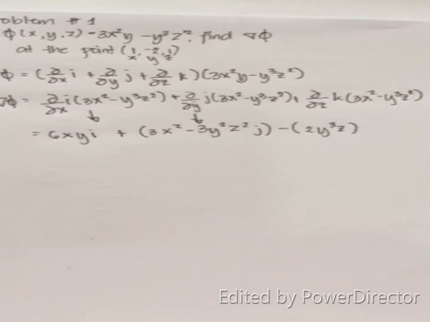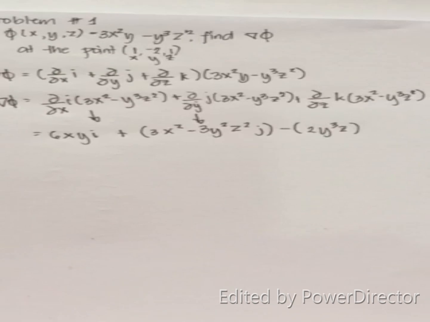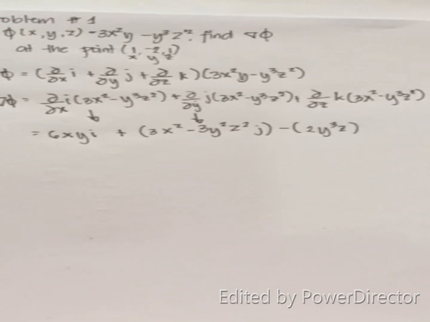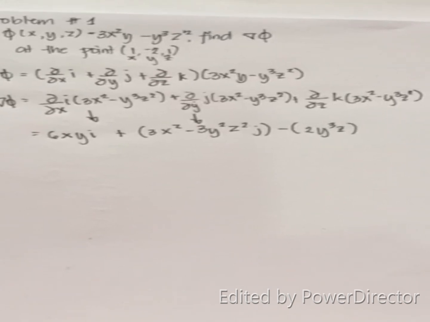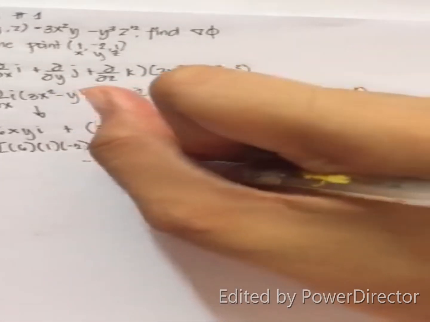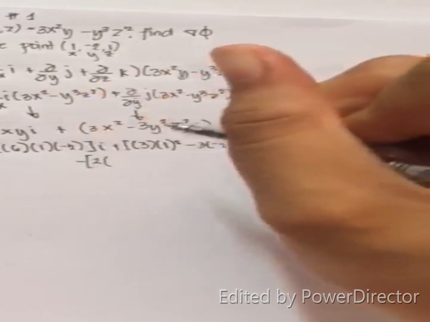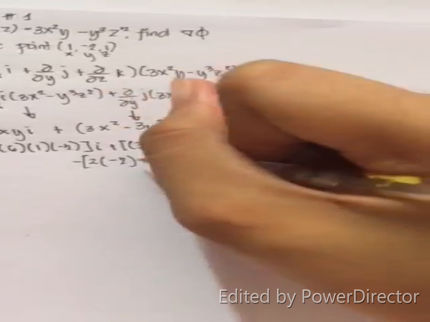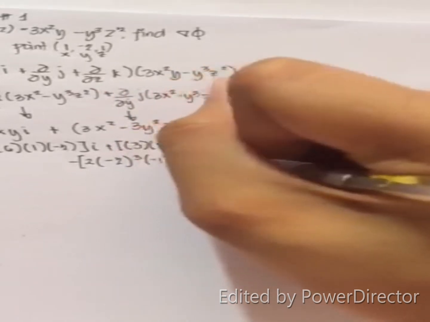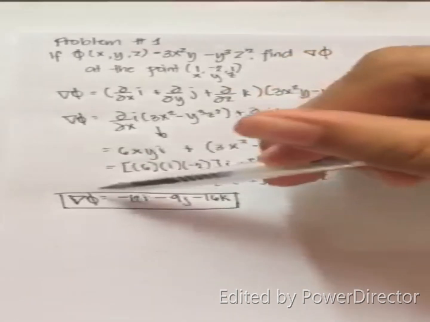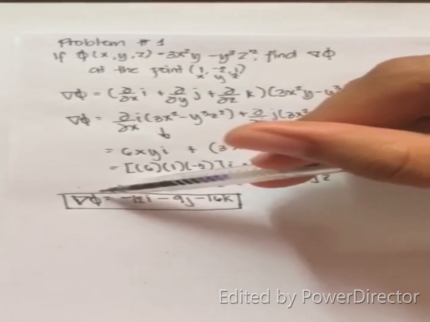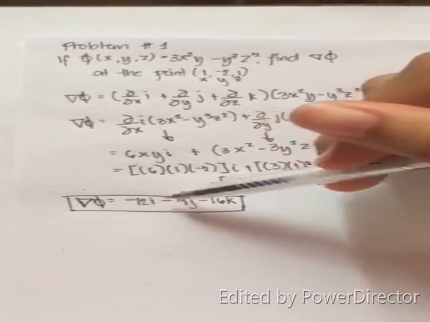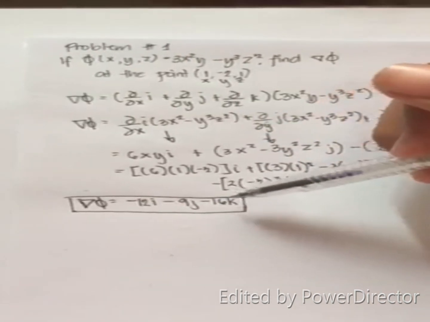Now let us substitute x, y, z with its values, which are 1, -2, and 1. So the gradient of the differentiable scalar field is equal to -12i minus 9j minus 16k.